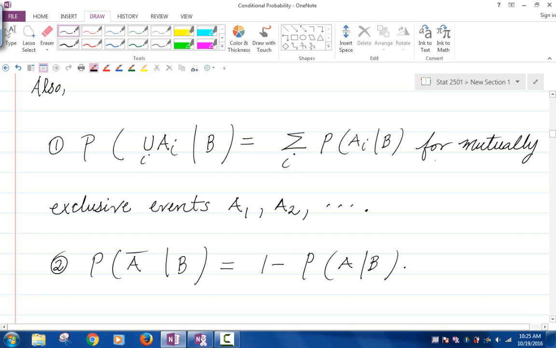But this equation holds for mutually exclusive events A1, A2, and so on. When I'm writing the dots, I don't necessarily mean that I have a countably infinite number of events. It could be an infinite sequence of events or a finite sequence of events. Either way, it works. Is everybody clear?